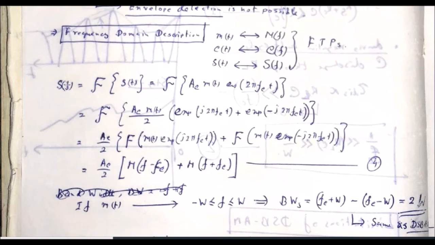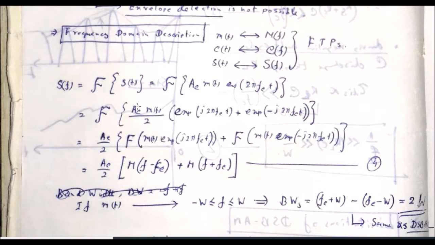Now if you do the Fourier transform of the modulated signal s(t), you should obtain S(f). So take the Fourier transform of this time domain equation, and you know how this has to be done. This cosine term has to be decomposed into the exponential terms: this is the positive exponential term and this is the negative exponential term.